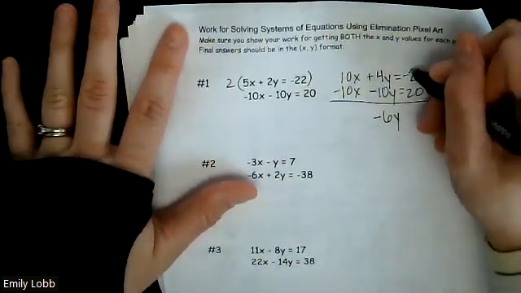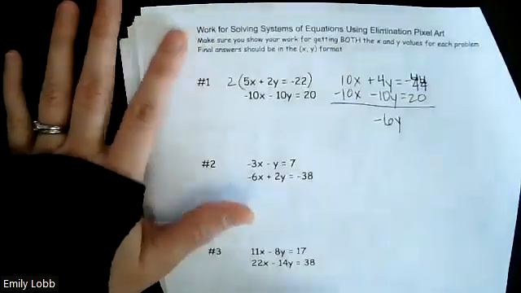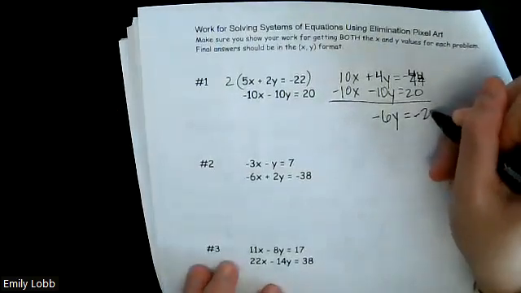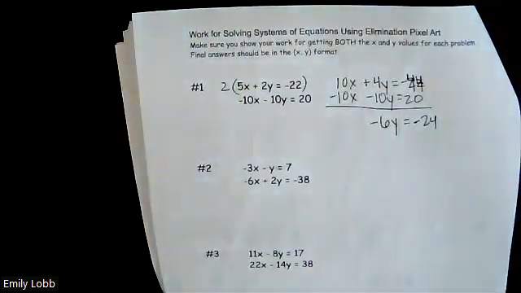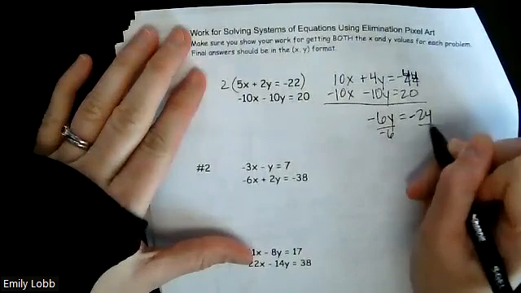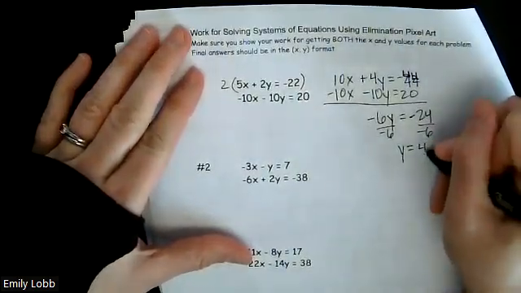I didn't multiply this by 2, so this should be 44. So -44 plus 20 is -24 there. Okay. All right, so I would just divide both sides by -6 here, so y equals 4.